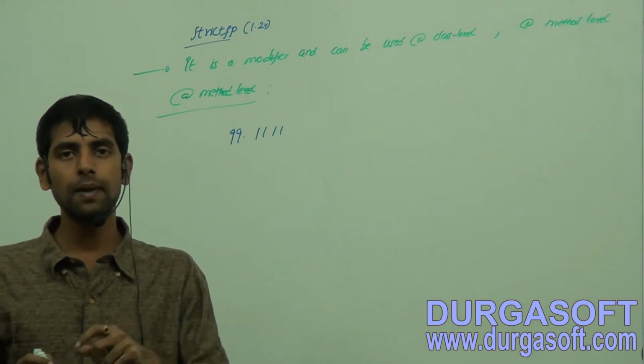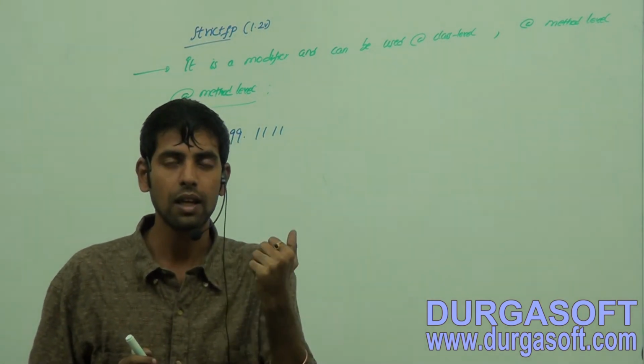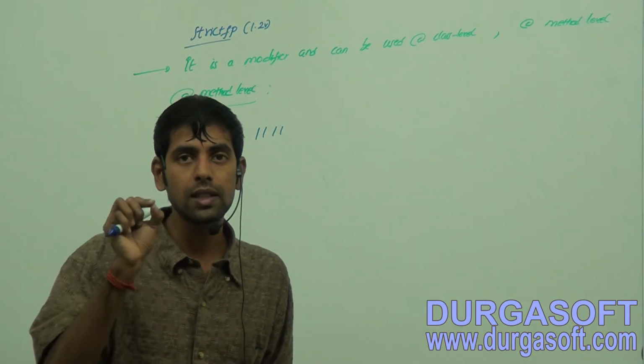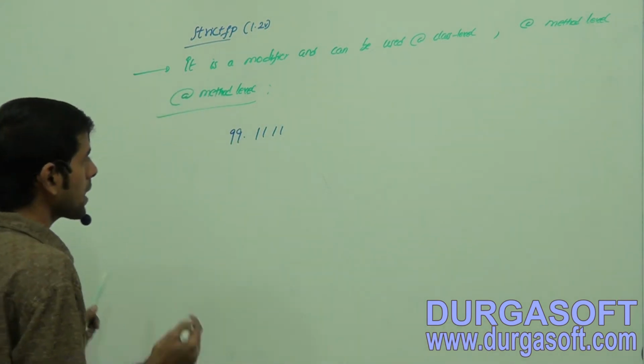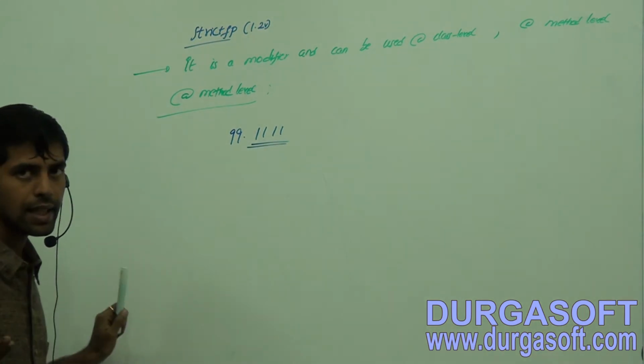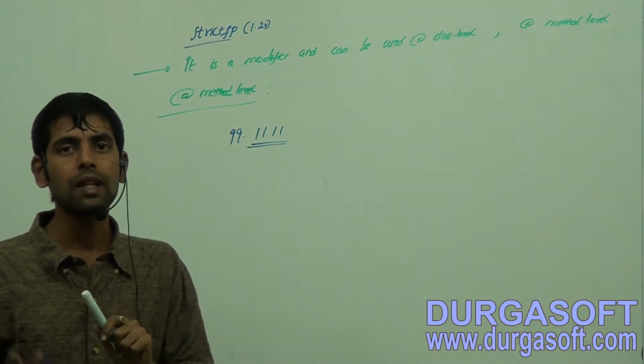How? That method should be declared as strictfp. Then he should follow the IEEE 754 standard. Giving an output with 4 fraction digits is the IEEE 754 standard.